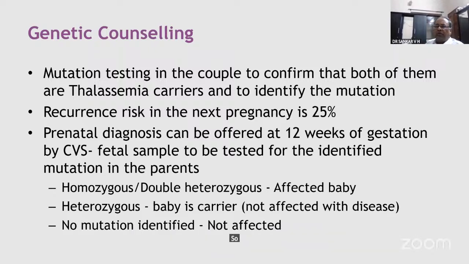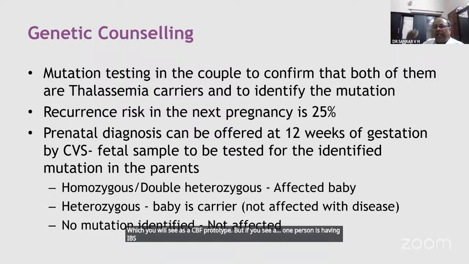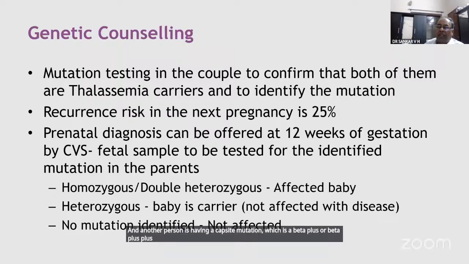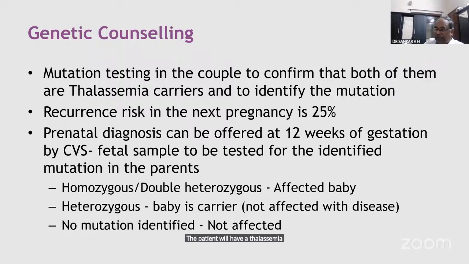The commonest mutation, IVS1-5 G>C, is a beta zero mutation. Most of the time you will see IVS1-5 G>C homozygous mutation, which gives a severe phenotype. But if one person has IVS1-5 G>C and another has a Cap site mutation, which is a beta plus or beta plus plus mild mutation, the patient will have a thalassemia intermedia phenotype.